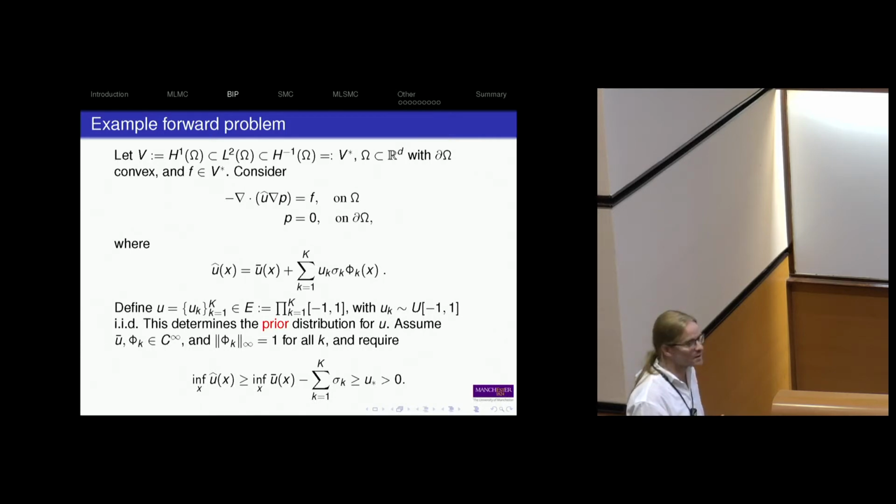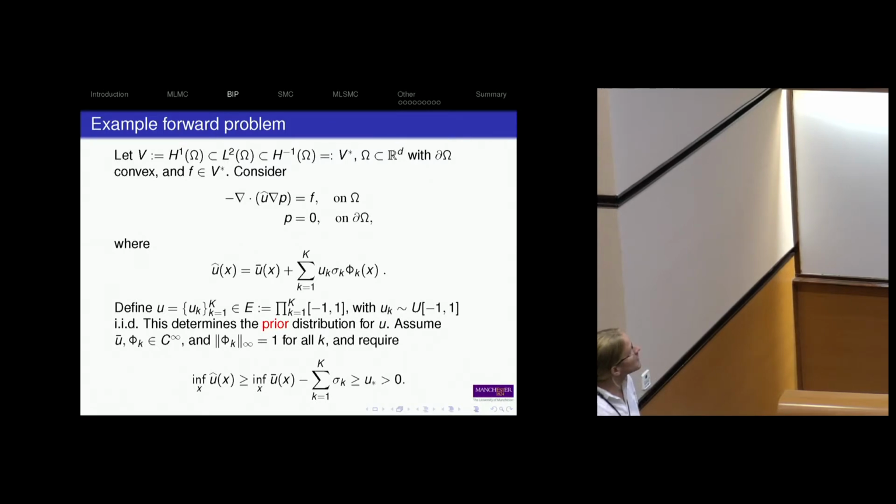Phi k you can think of as, for example, sine or cosine functions, and the uk are uniform random variables between -1 and 1. So the state space in this case is this k-dimensional hypercube.